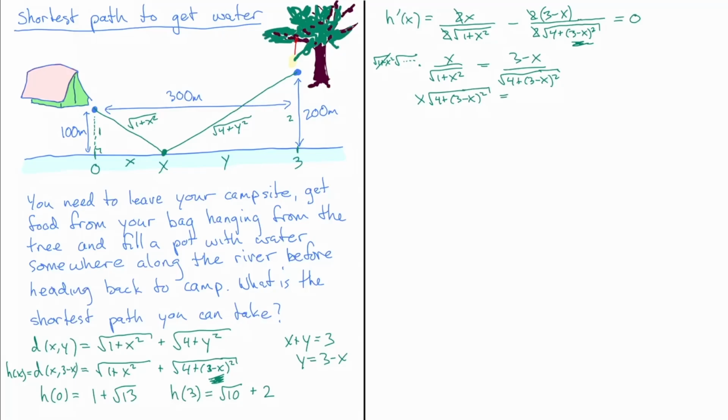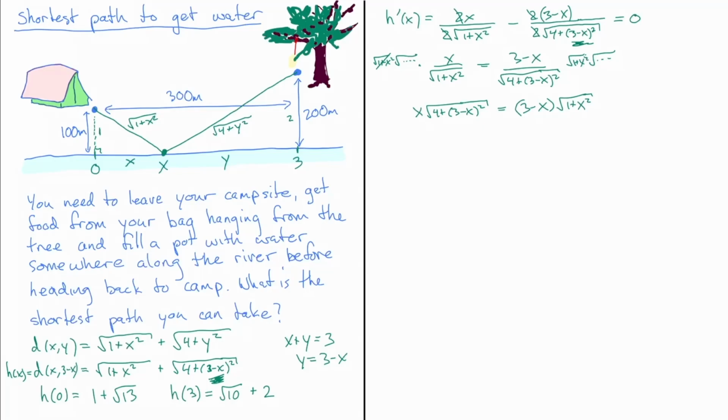And on the other side, hold on. On the other side, I get 3 minus x multiplied by the square root of 1 plus x squared. So here I've multiplied both sides by both of these square roots. This is the 1 plus x squared, and then the 4 plus. All right, so clearly I have a product of things with square roots.